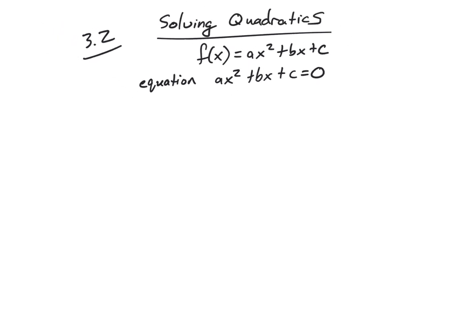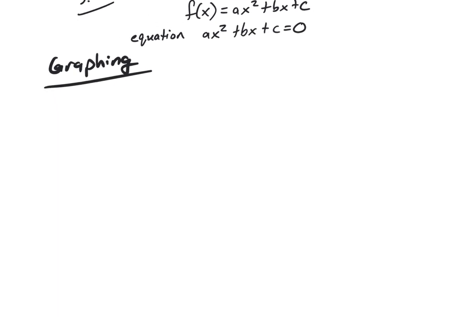Okay, I'm going to show you a couple of different ways. We could do it by graphing, and just so you know, these are the three different types that we could see.